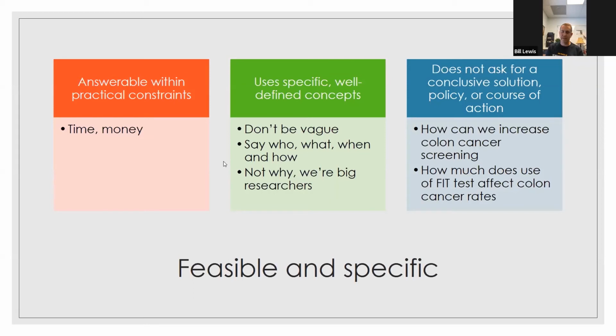What can the state do to reduce COVID-19 spreading? It's not necessarily a good research question. What reduction in the COVID-19 R naught rate comes with the use of masks in a rural population fits with a better question, something you can research, something that you can build off of. And again, it's not looking for a policy or a course of action. It's just finding the facts that we can have a discussion around.